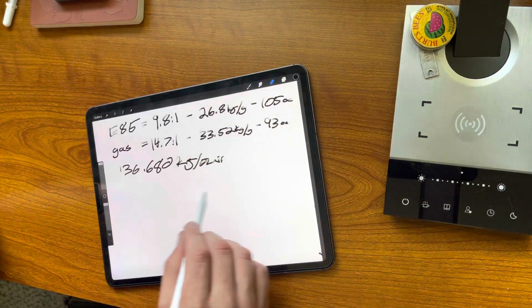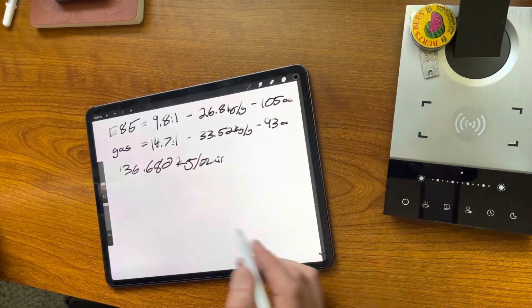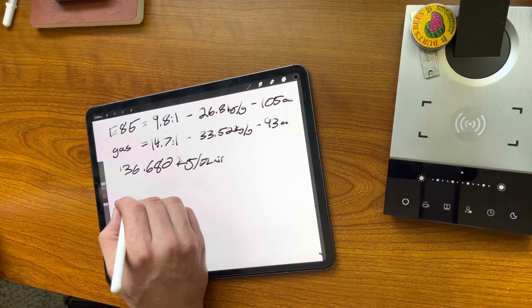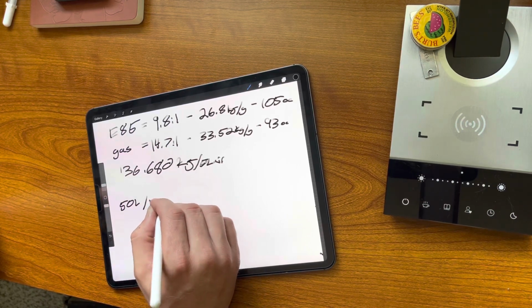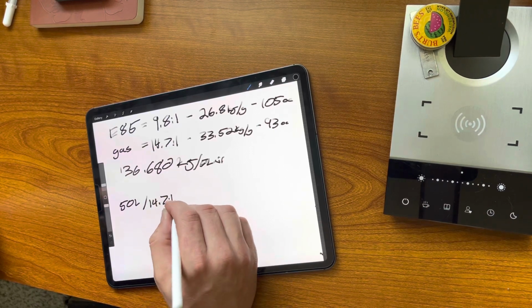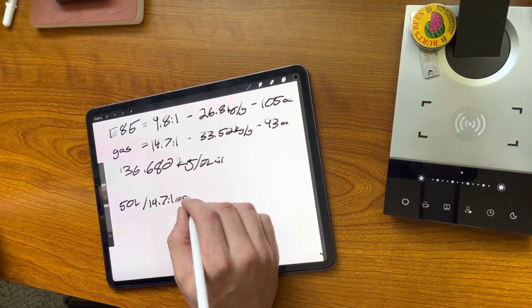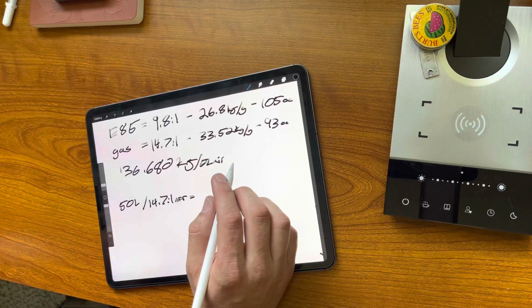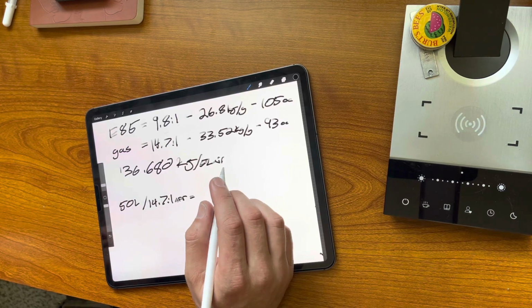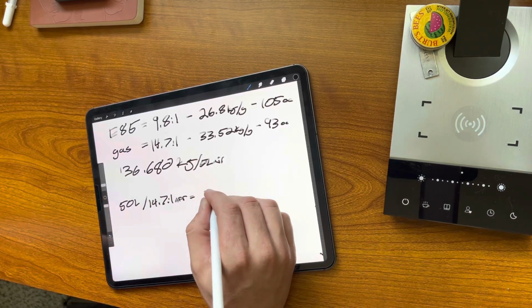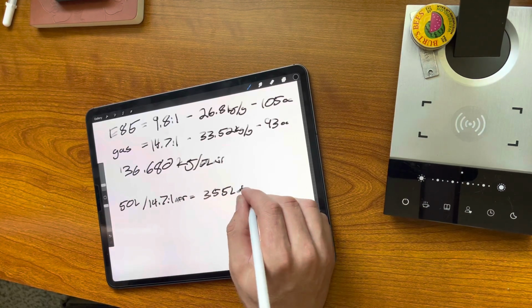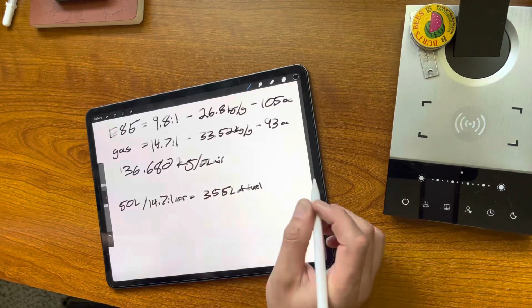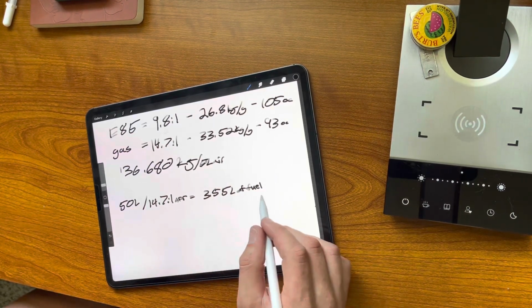All right, now let's do the same equation for gasoline. Now we got 50 liters divided by 14.7 to 1 AFR equals, ended up being 3.55 liters of fuel. So 3.55 liters of fuel is being burned.